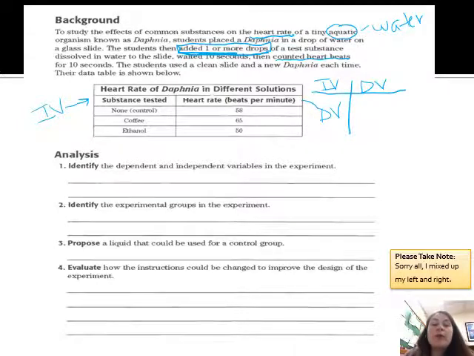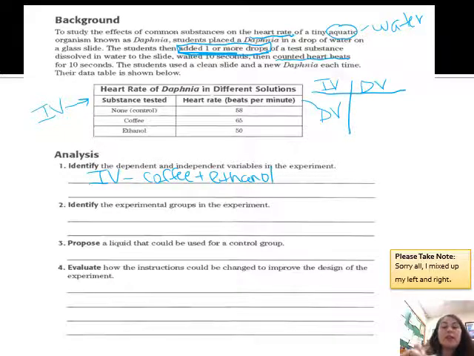We also remember the trick with the data table that IV goes on the right, DV goes on the left. So the independent variable in this experiment, the IV, is the test substance or the coffee and ethanol, right? Because that's what the experimenter did to the experiment. That's what they added, okay?